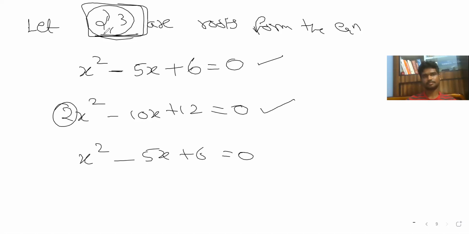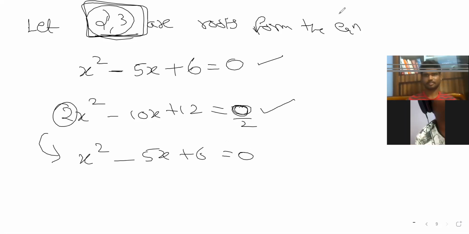You can divide the total equation by a common factor when it is equal to 0. If I divide by 2, I should divide everything by 2, on the right hand side and left hand side both. So 0 by 2 is again 0. This is the simplified form of the equation. You have to divide by the common factor.